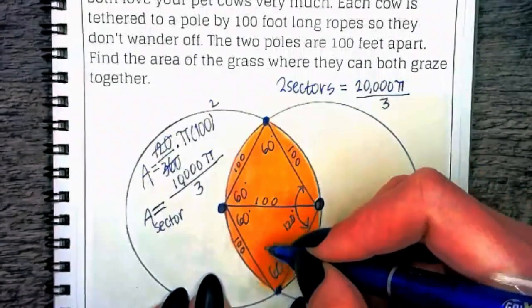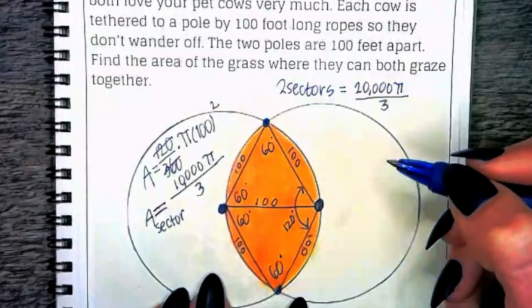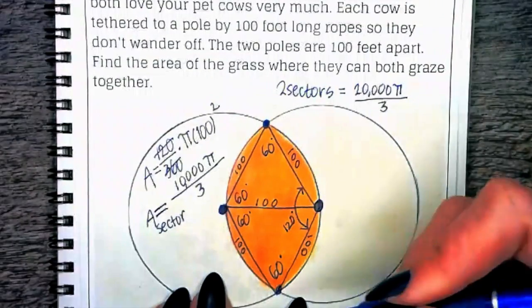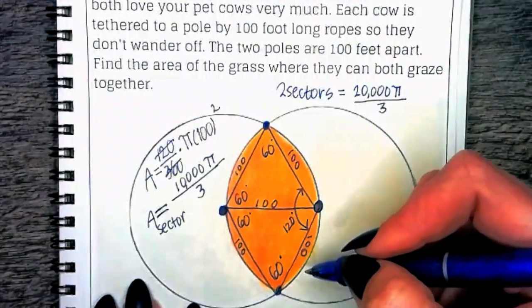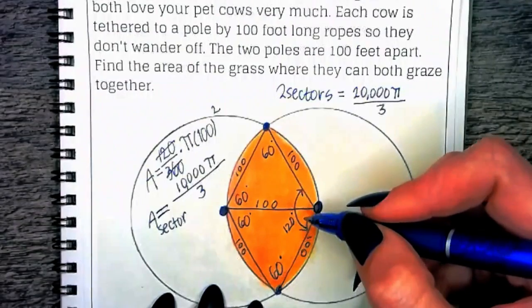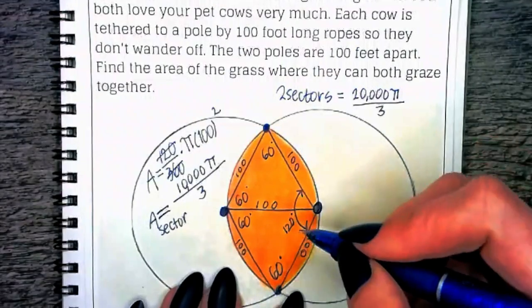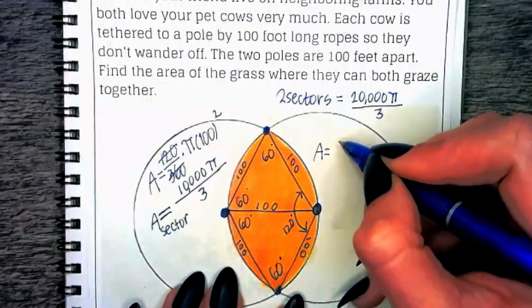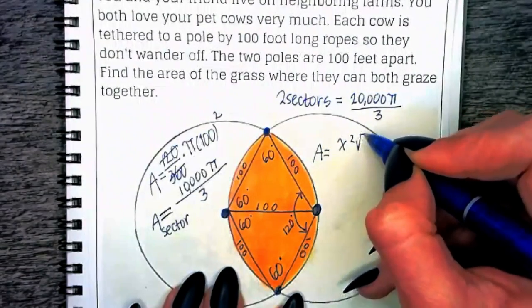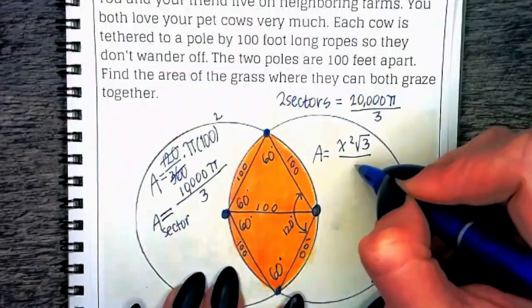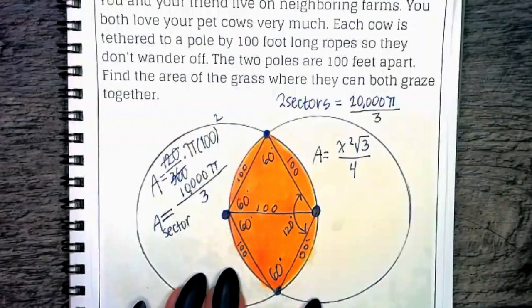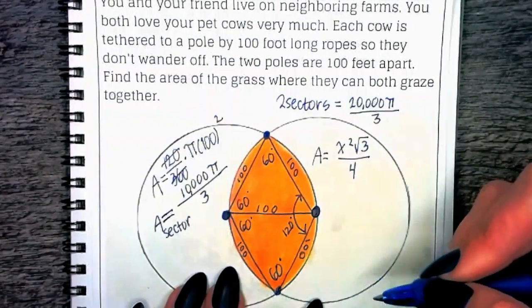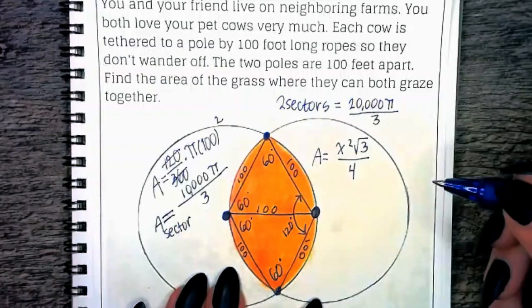Now I need to subtract out 2 of these triangles. On a previous example, we even found the area of an equilateral triangle of side length x. What was that area? So I used the equilateral triangle over and over again, so there's really less work for you.